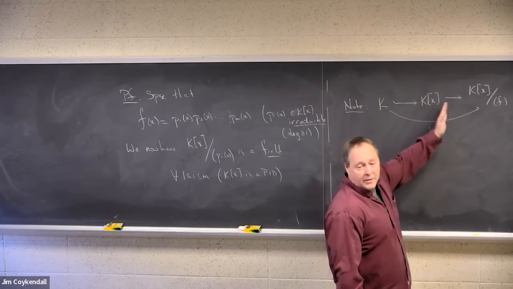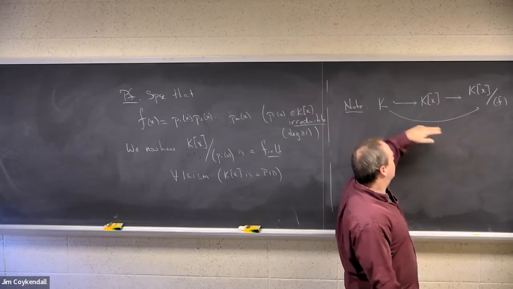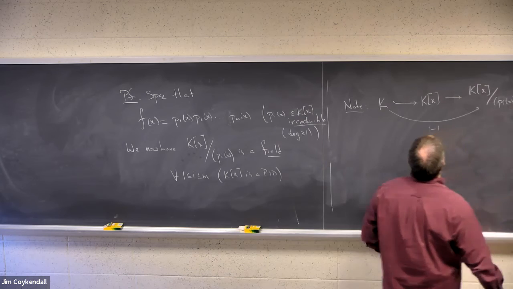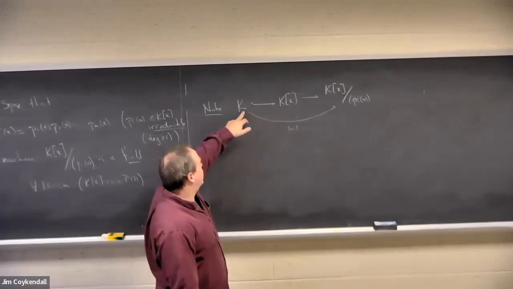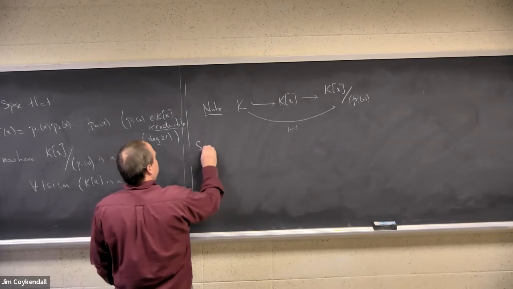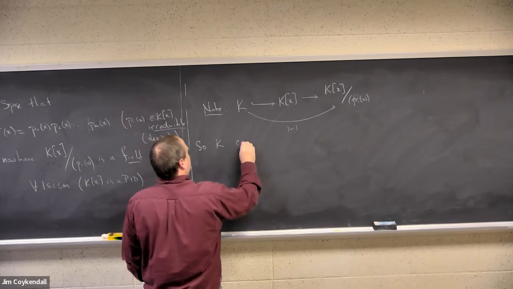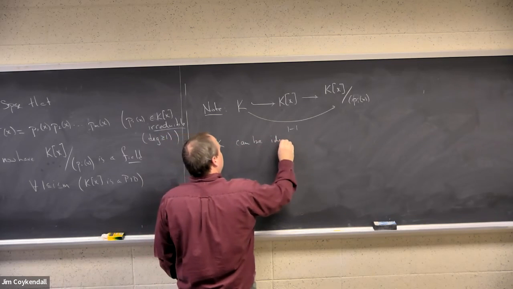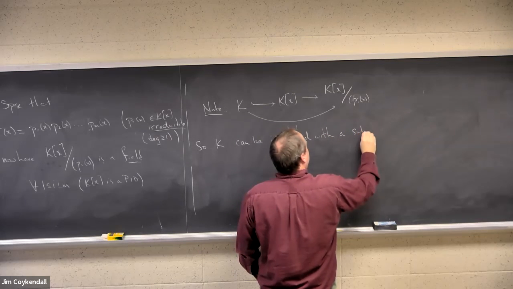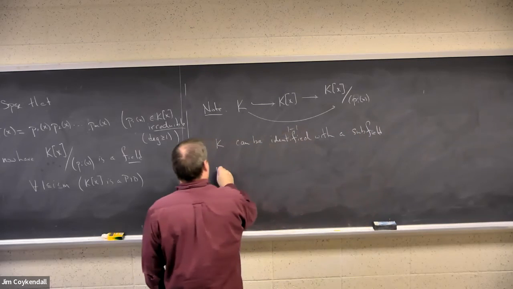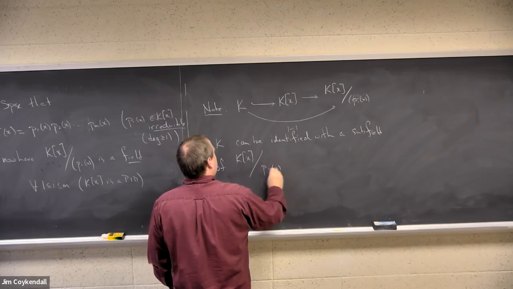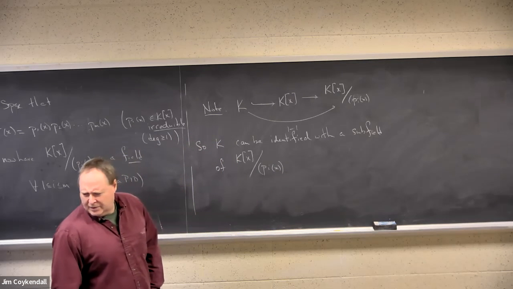Of course, this part is not one to one, but the composition is one to one. So if you've got a K, it maps to K, and so K is a subfield, identified with its image, for each one of these i's.